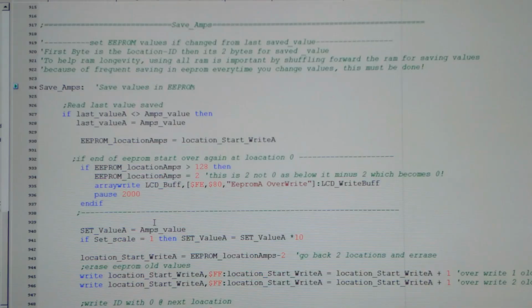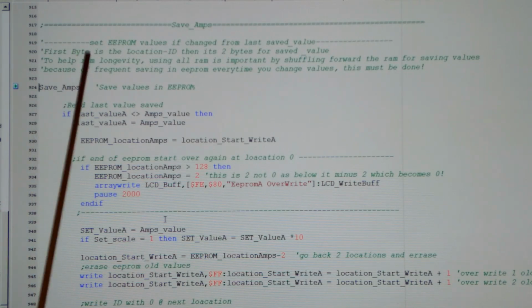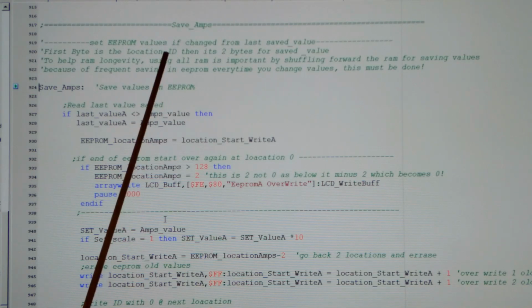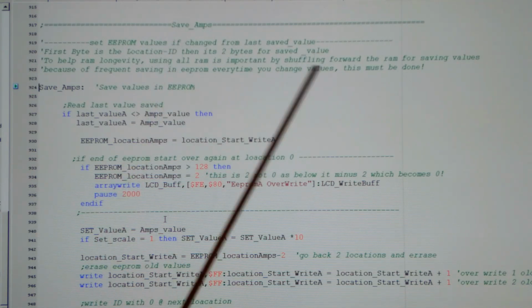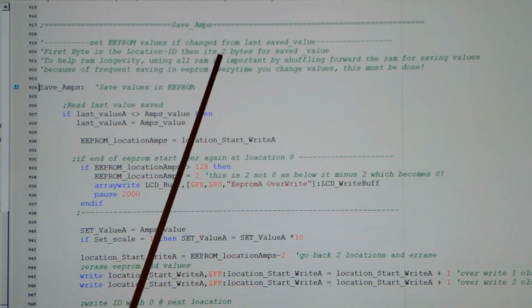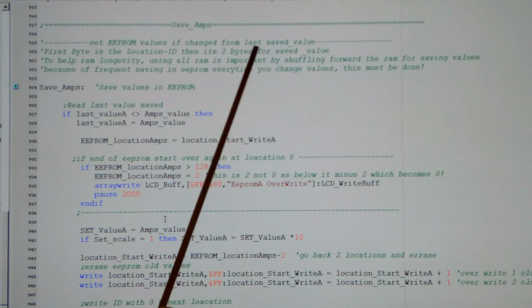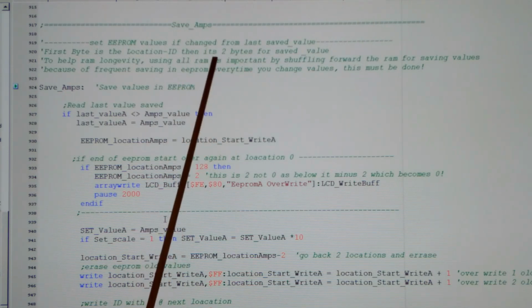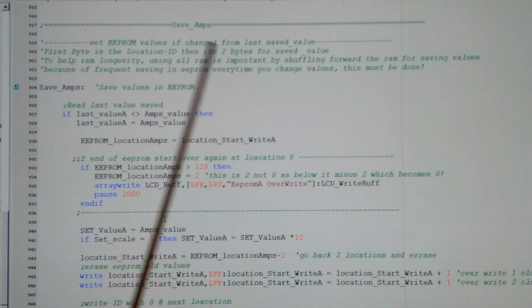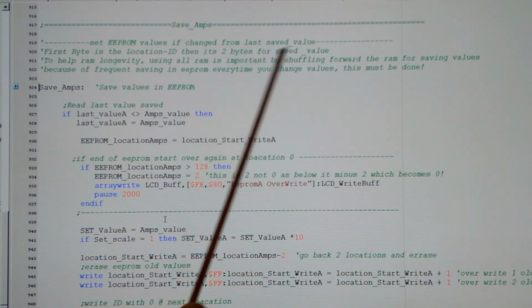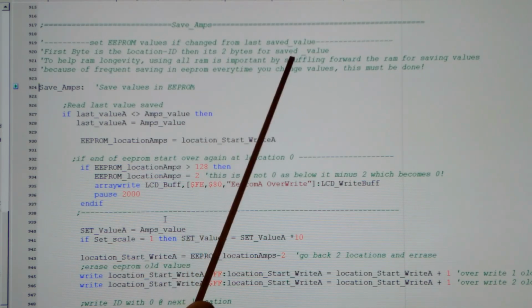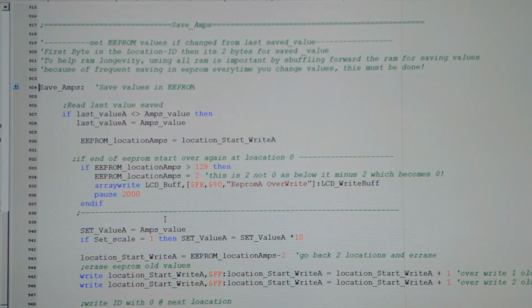Okay. Save amps. Set EEPROM values if changed from the last saved value. Okay. The first byte is the location ID, which has to be 0, as I explained. Then it's the 2 bytes for the saved value. This is the first location after the ID, and the second location will be put into the saved value figure.